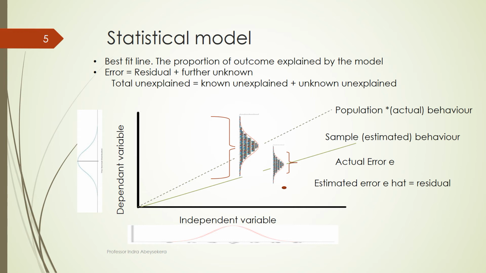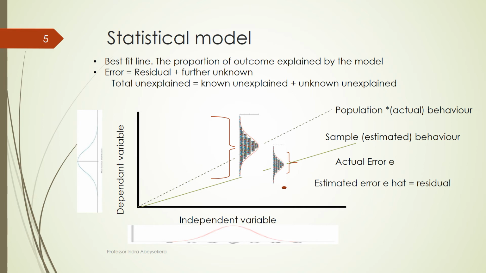But in practice, what we measure is the residual, that is the known unexplained amount. But the distance between the sample best fit line and the population best fit line is the unknown unexplained amount.